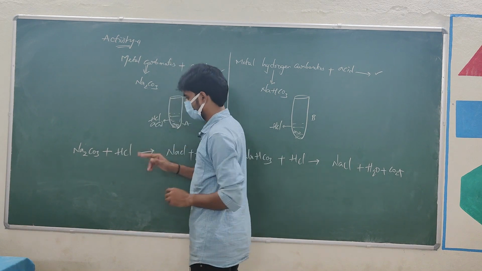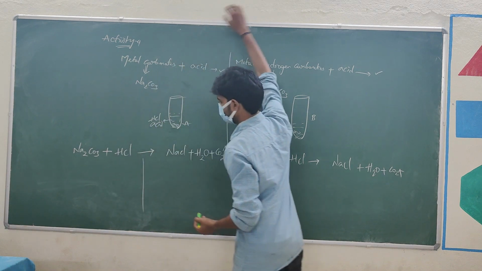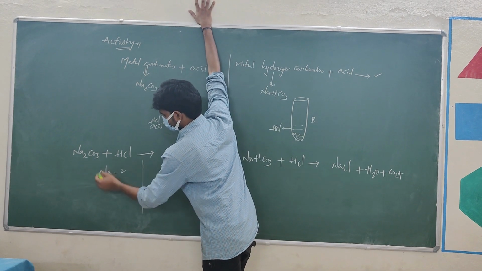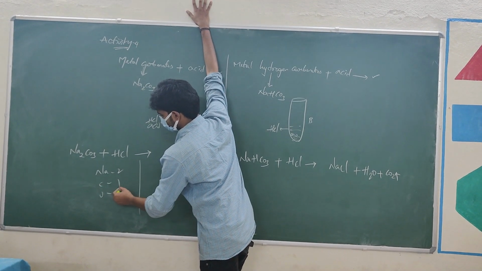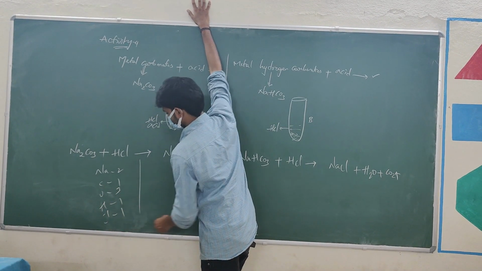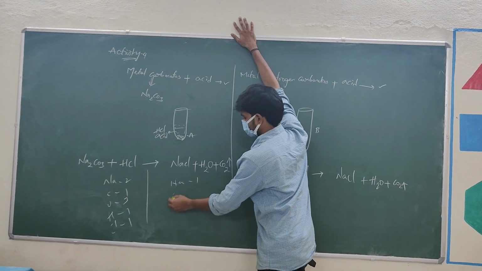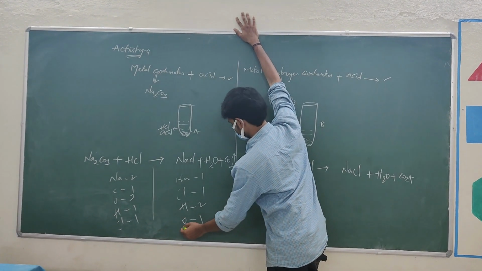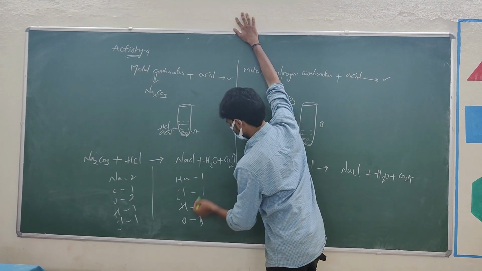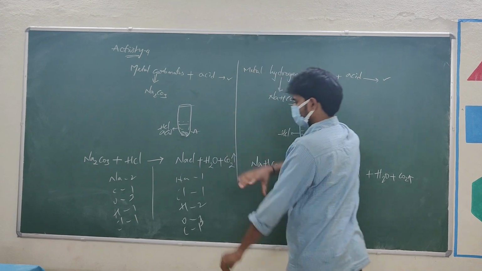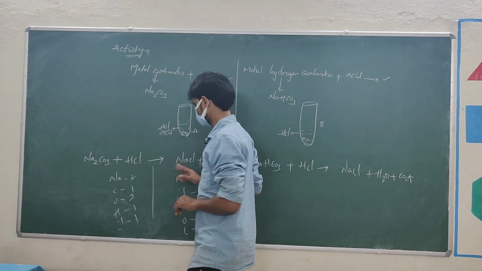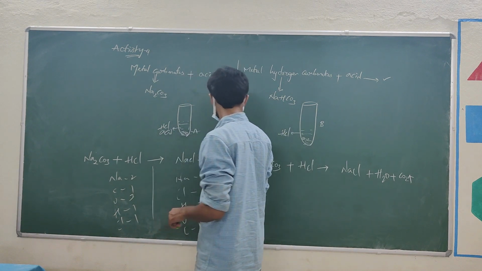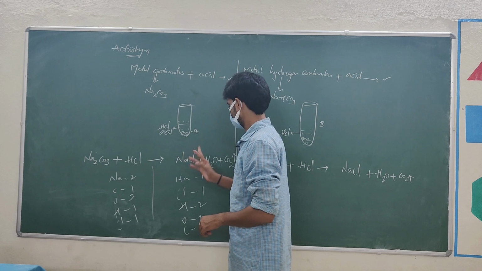Here, if you observe these two cases, let's balance them. On the reactant side, sodiums were 2, carbon is 1, oxygens were 3, hydrogen is 1 and chlorine is 1. Here also sodium is 1, chlorine 1, hydrogen is 2, oxygen 1 and oxygen 1, overall 3, and carbon 1. I think we need to balance 2 hydrogens and 1 chlorine.